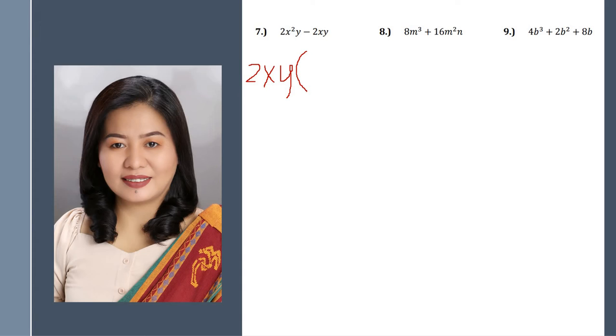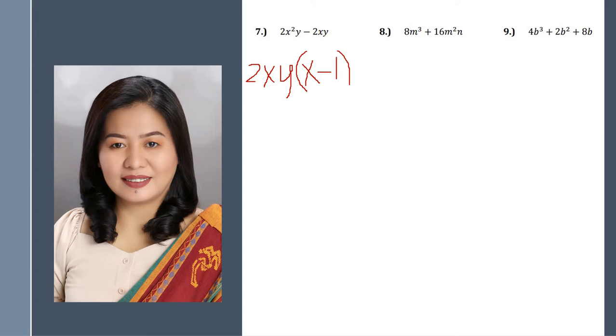So we start dividing. 2 divided by 2 is 1, x squared divided by x is x, and y divided by y is 1. Copy the operation. 2xy divided by 2xy is 1. So the factors of 2x squared y minus 2xy are 2xy times the binomial x minus y.